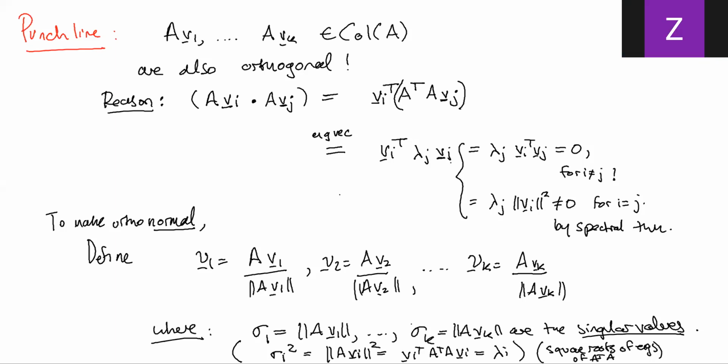I have another question. If a matrix is symmetric, does that mean that all of its eigenbases are orthogonal? Okay, so it's not that all of its eigenbases are orthogonal.